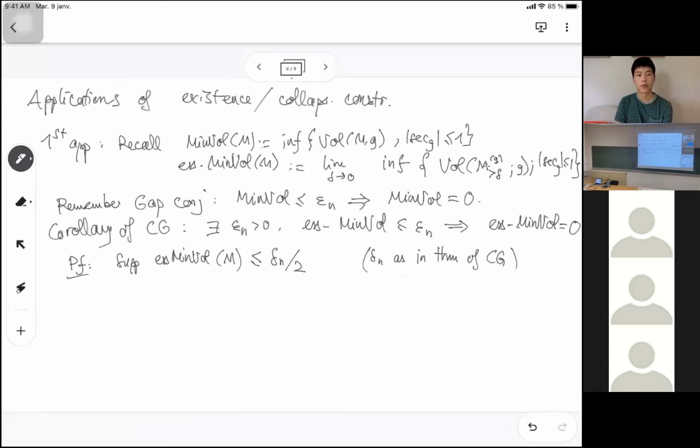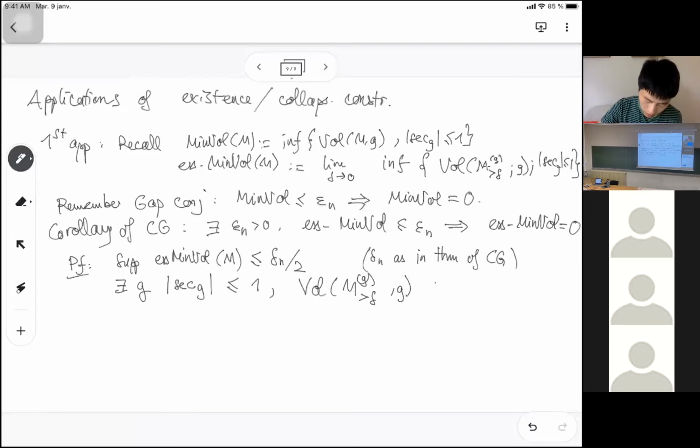Then there exists a metric such that the sectional curvature is bounded by 1, and the volume of the part is less than, let me use epsilon for now.